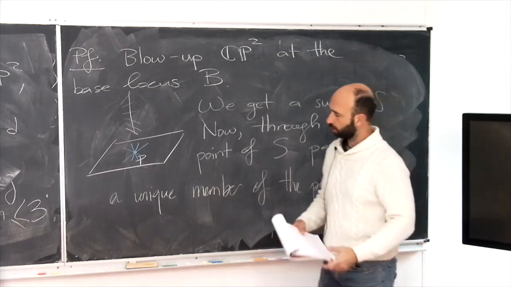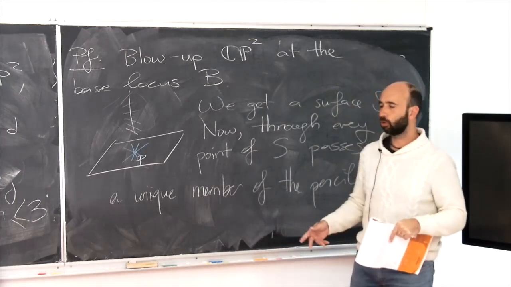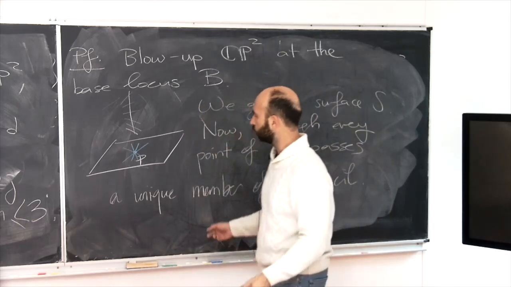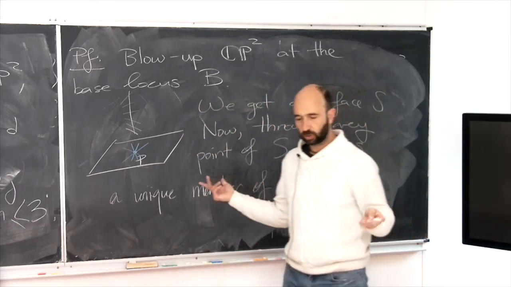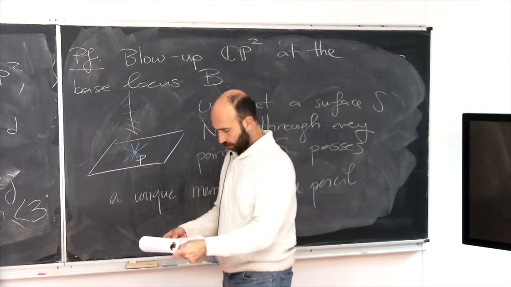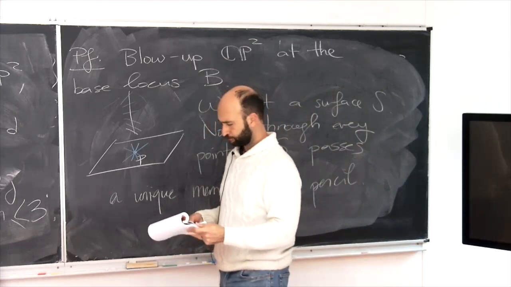But then this surface S must fiber over CP1 itself. I mean, the fibration is sending a point to the mu lambda values for which it belongs to the pencil. Okay, so we get the following diagram.